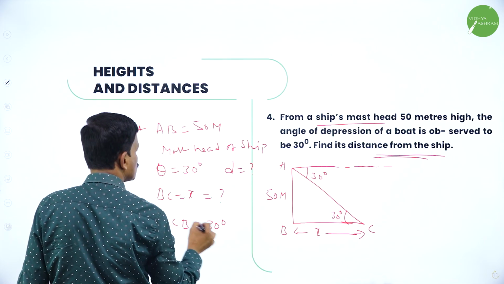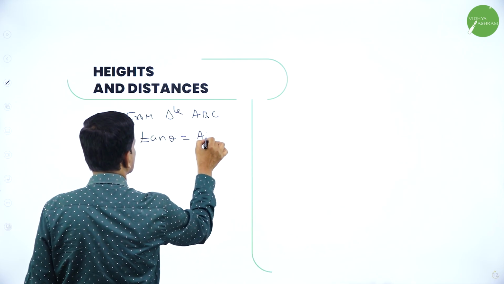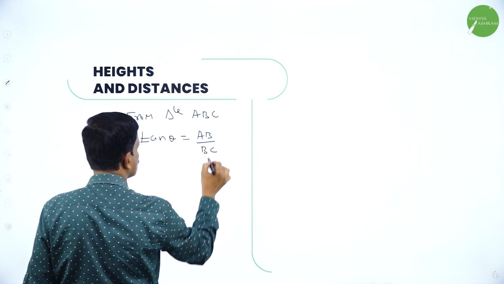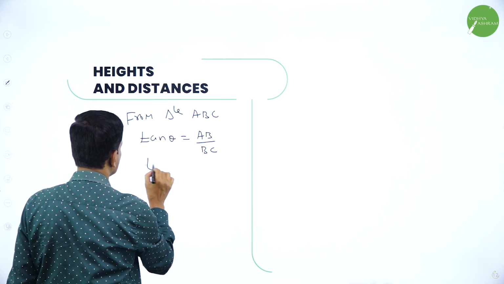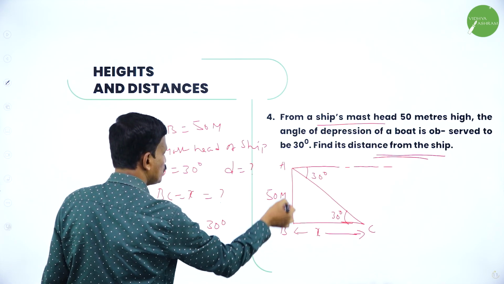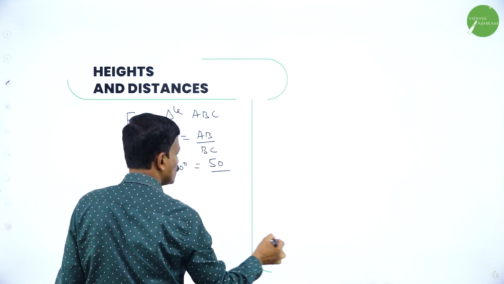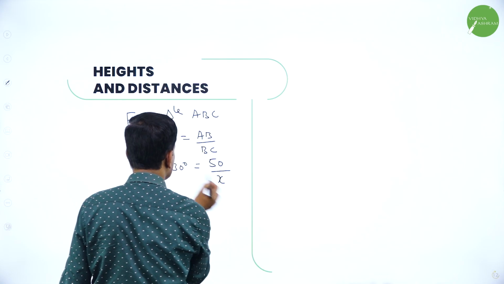Tan theta is equal to AB divided by BC. Since the angle is 30, tan 30 degrees is equal to AB, which is 50, divided by BC, that is X. Cross multiply.